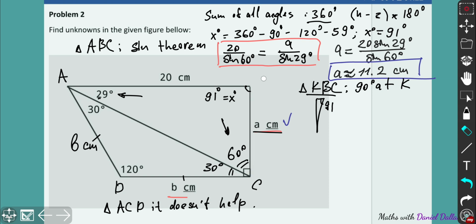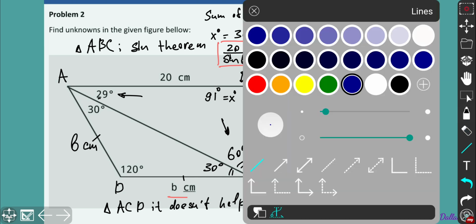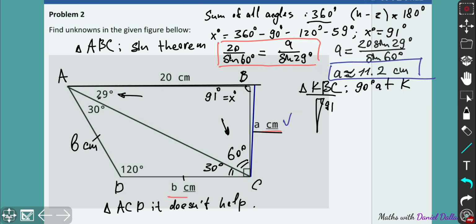So let's rearrange them. So that's point B. We put the height. So that's going to be the height to the segment AB. And if we prolong that side a little bit, we'll have a small triangle. Because this angle is 91, the small angle is going to be 89 degrees.